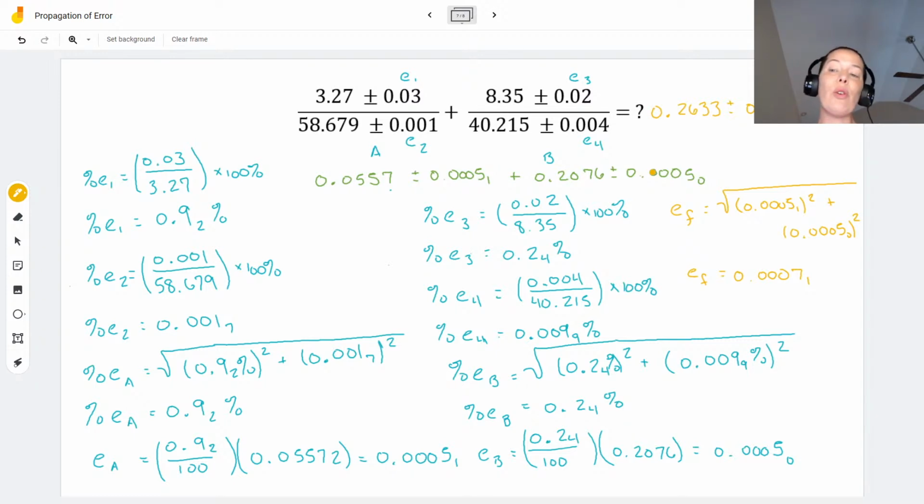Again, you could also convert that to scientific notation, and that would be 7.1 times 10 to the fourth. If you convert to scientific notation, remember, just keep that one subscripted, because it's really important to make sure that you communicate to the reader that that 1 is actually your second digit in your uncertainty and not your first.